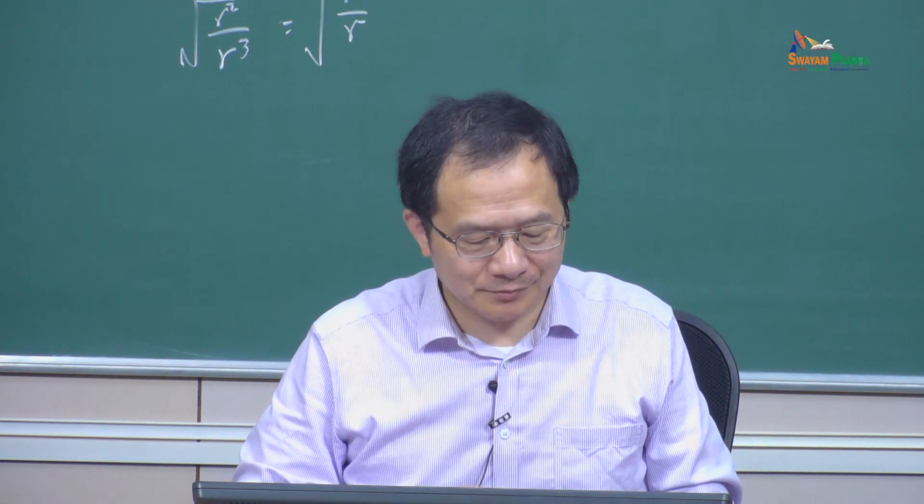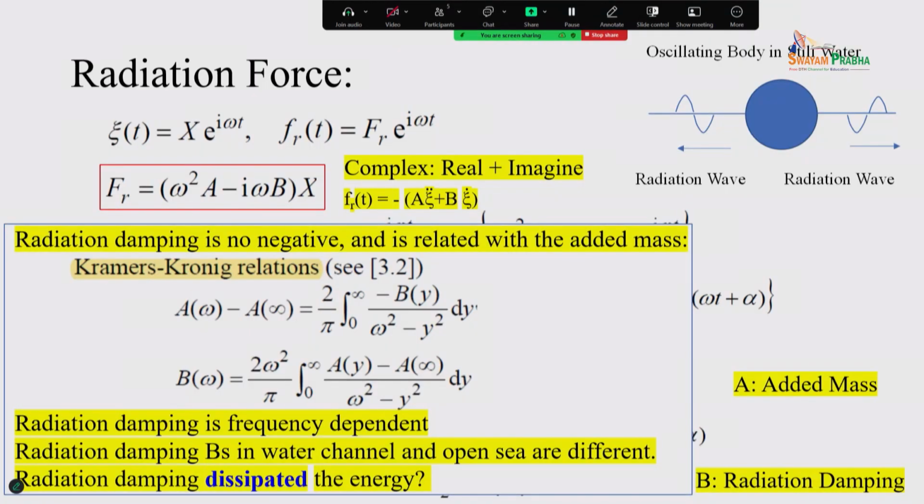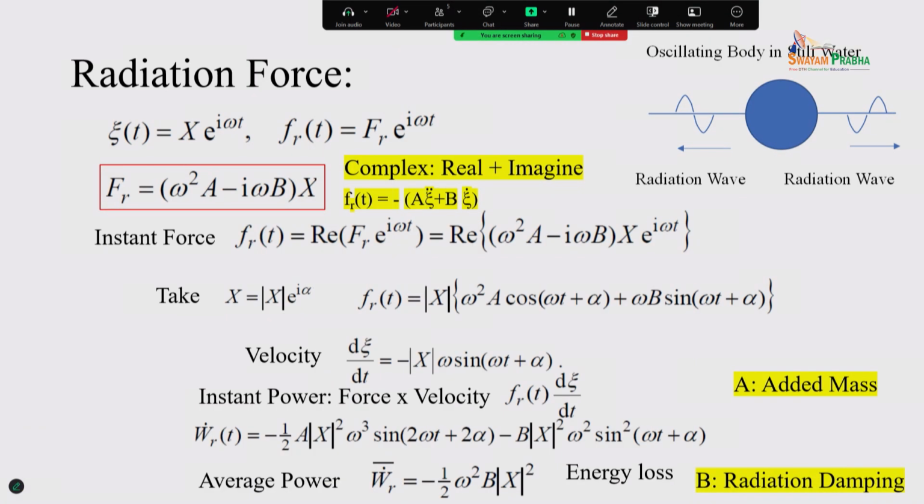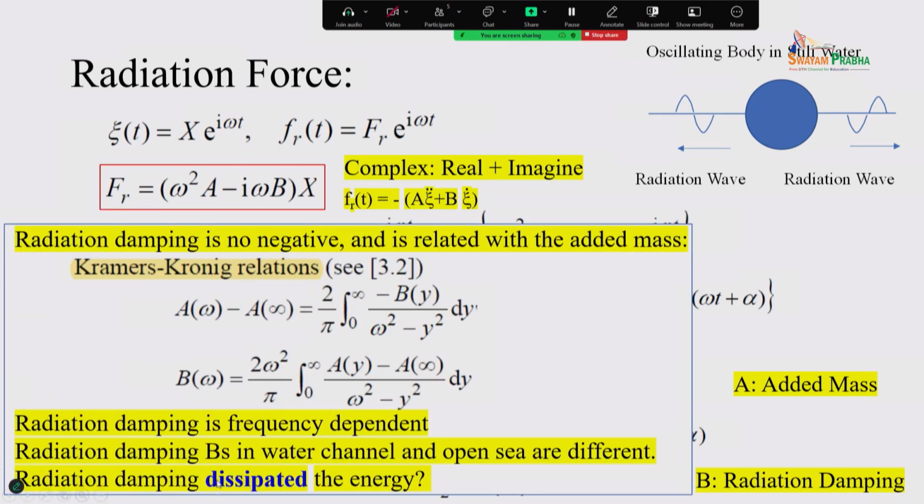So let us say radiation damping is the energy loss from the buoy, but this is not energy loss in the real world. The energy propagates from your buoy to another system. Okay, this is radiation damping. For your buoy it is damping, but for the overall world, the energy is still there.